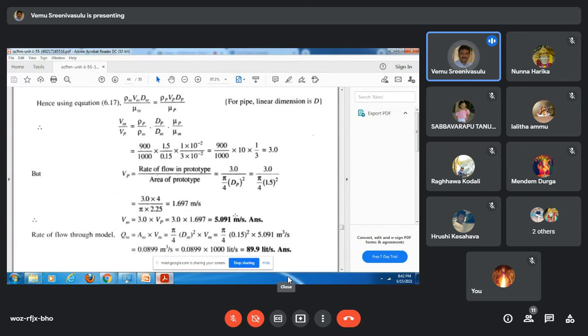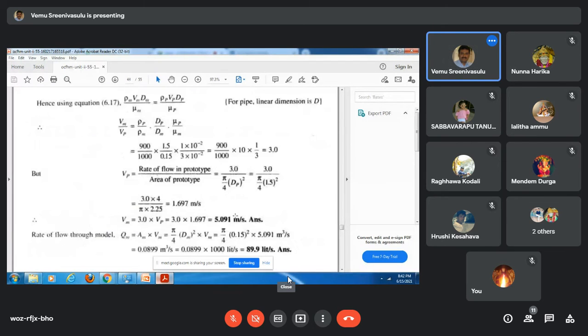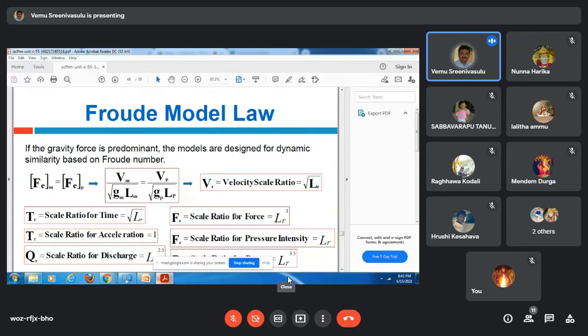Okay, so based on the Reynolds number, we will construct the model at the laboratory, right? So this is how we do it in the laboratory. Right? Like this Froude number, inertia.